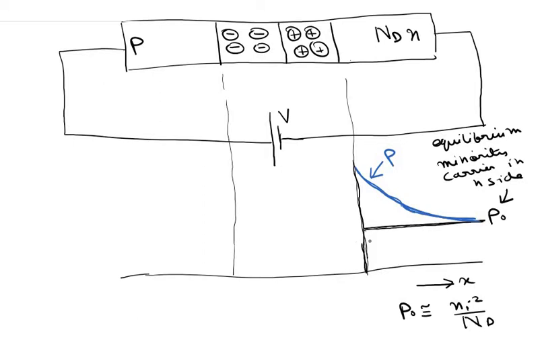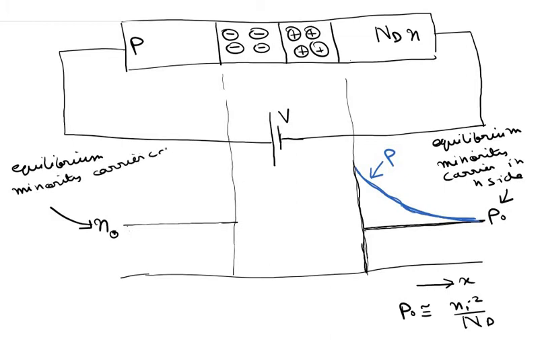Similarly, in the P side also there is an excess minority carrier concentration, or excess concentration of electrons. So let us assume that this is our equilibrium minority carrier concentration in the P side.